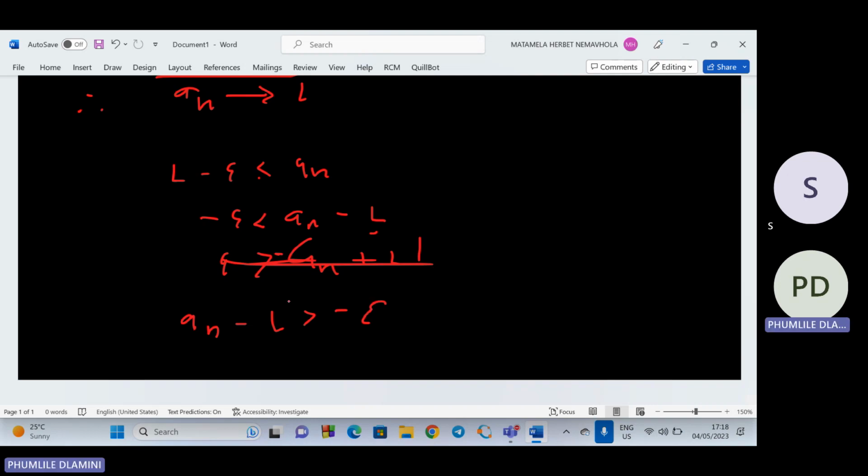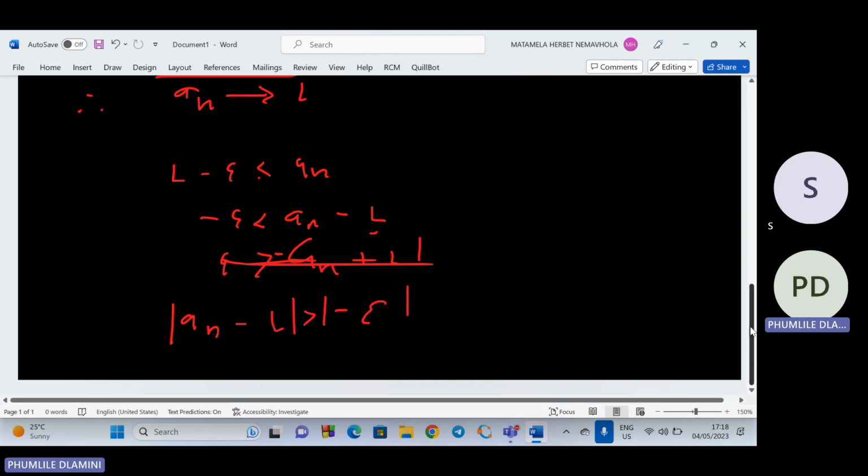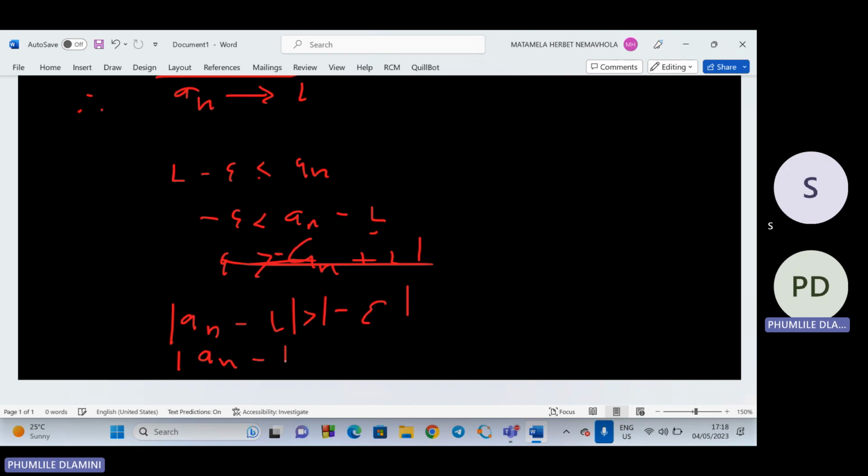So if I introduce absolute value on both sides, then my statement is going to say the absolute value of an minus L is less than the absolute value of this.